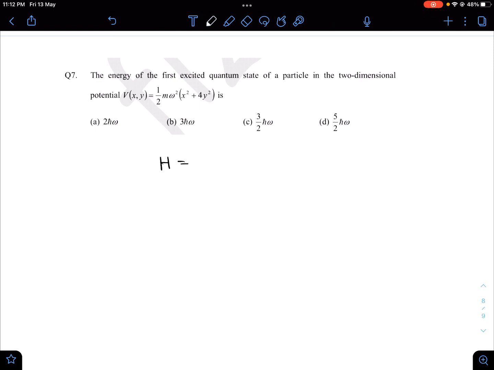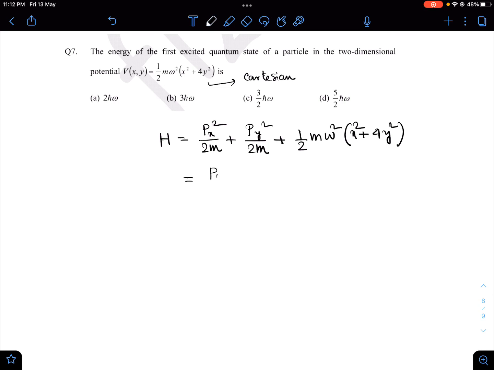Since this is two-dimensional, and the potential is also given in Cartesian coordinates, we will write px and py. This will be our kinetic energy term, and our potential energy term is half m omega squared x squared plus 4y squared.